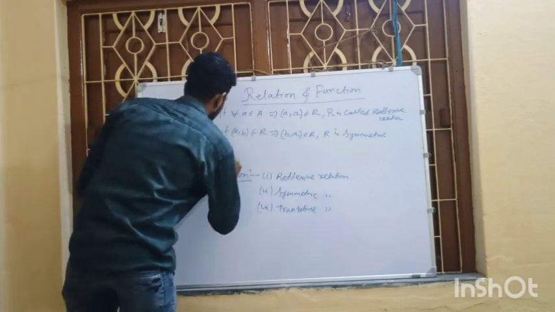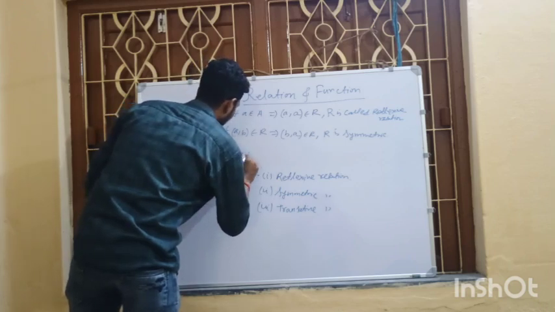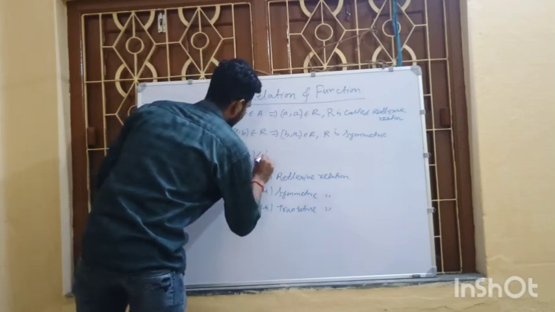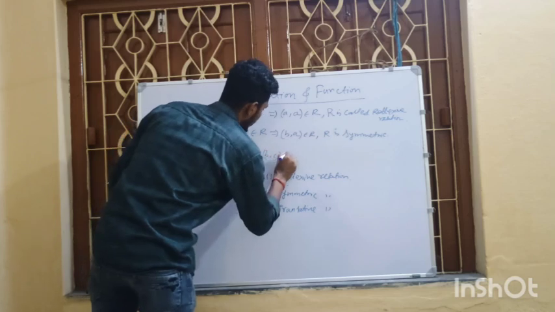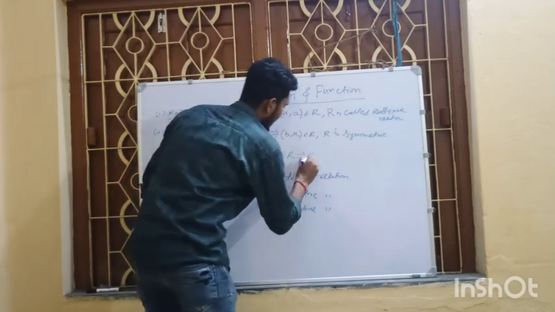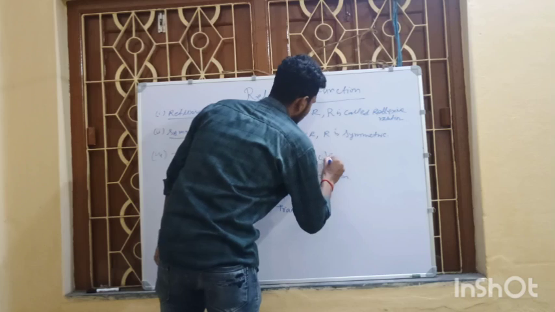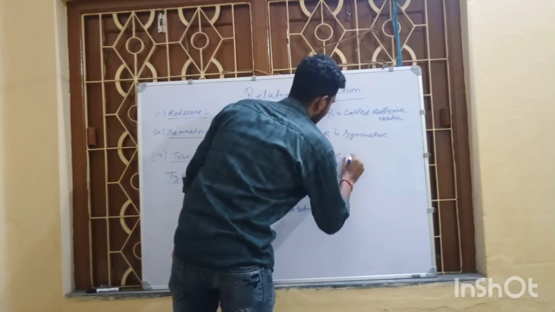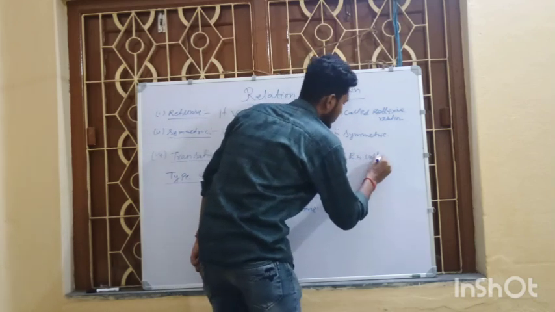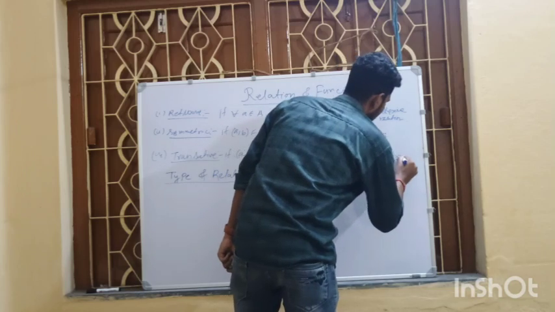What is transitive? If (a, b) and (b, c) belong to R, this implies (a, c) belongs to R, then this R is called transitive.